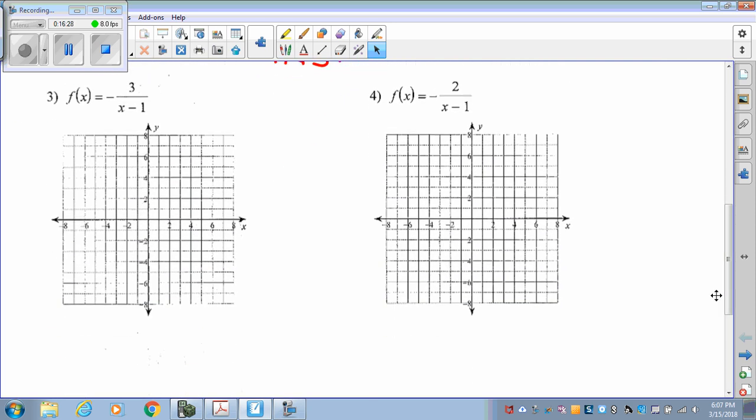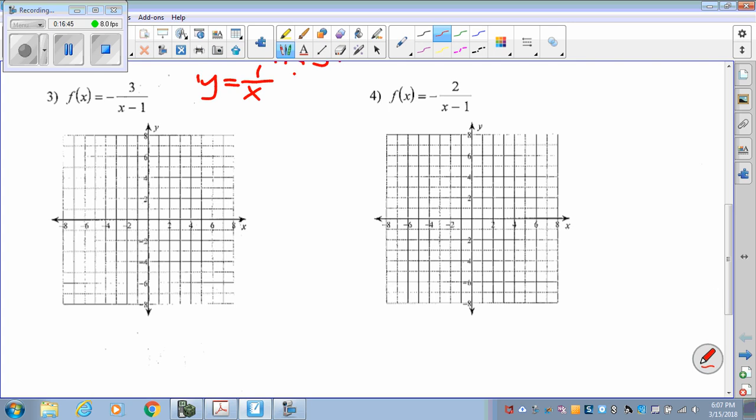Again, the parent function is just the simplest form of this. If I take out all the numbers and I've just got a y and an x, that's my parent function. Notice it's similar to an inverse variation. If that were a k, a number other than 1, actually 1, it's similar to an inverse variation.